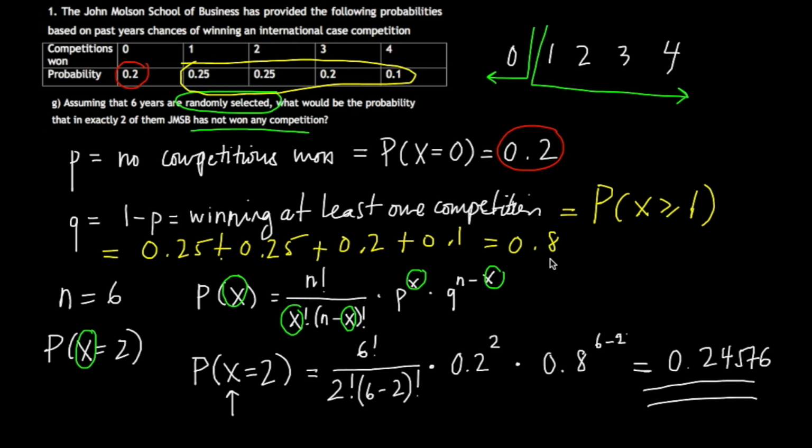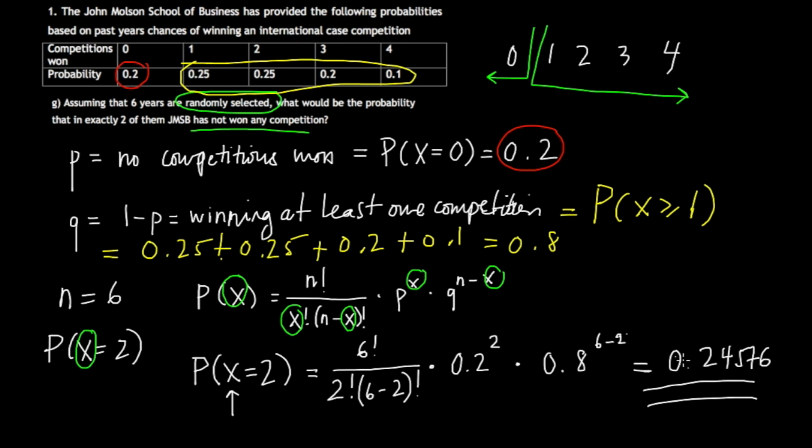And then the final thing is we're solving for, out of the 6 years, we want exactly 2 to have no competitions won. So here is our formula for binomial, in which these x's all represent the same thing and are not to be mistaken with these x's up here. These were just to solve for the probabilities.